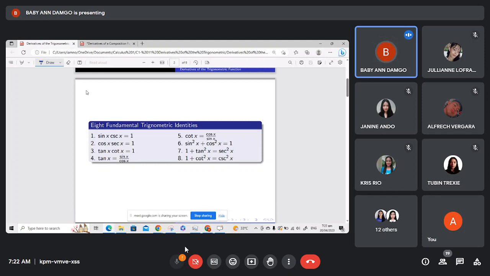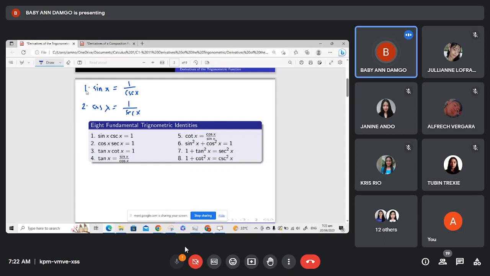So you can write it as sine x, which is equal to 1 over cosecant x. For number 2, this is cosine x, which is equal to 1 over secant x.